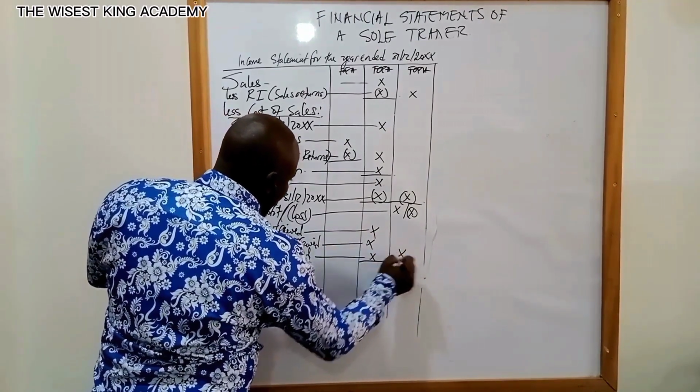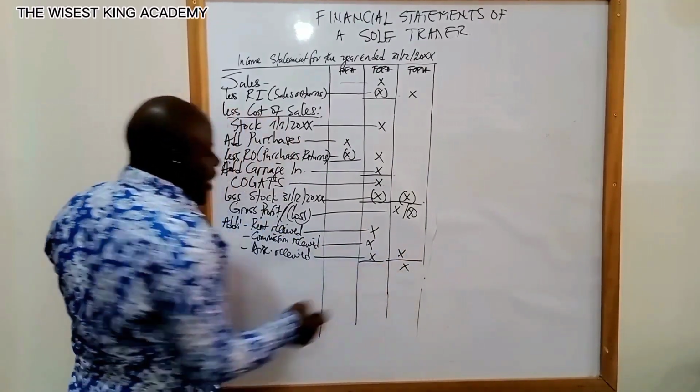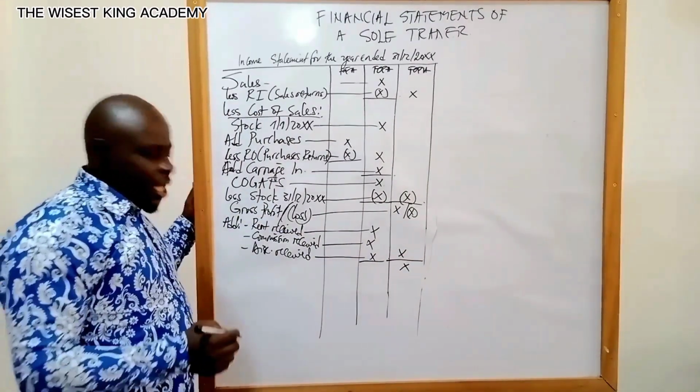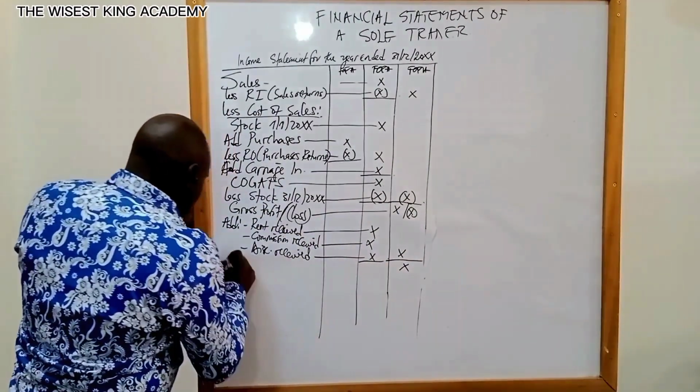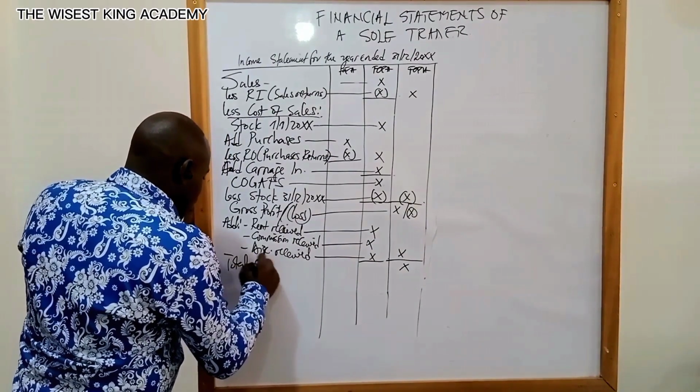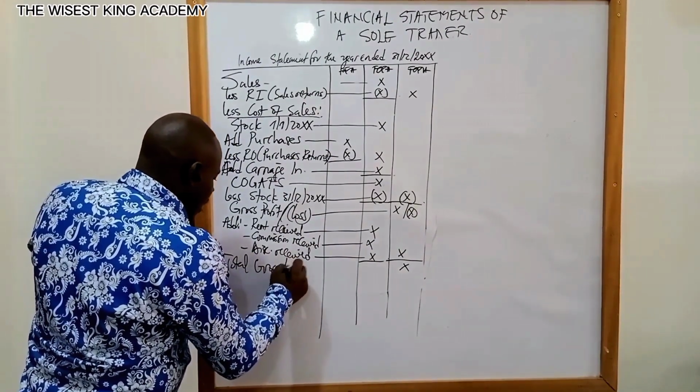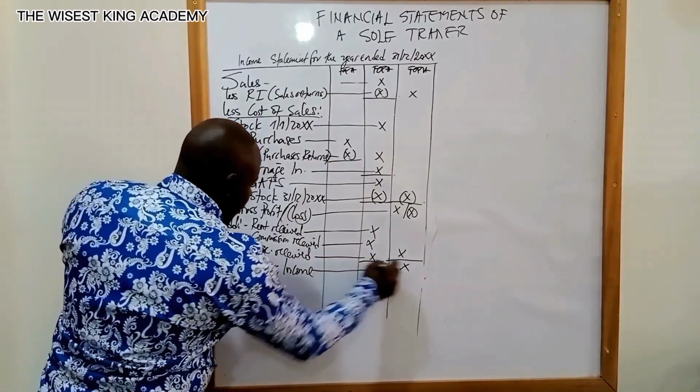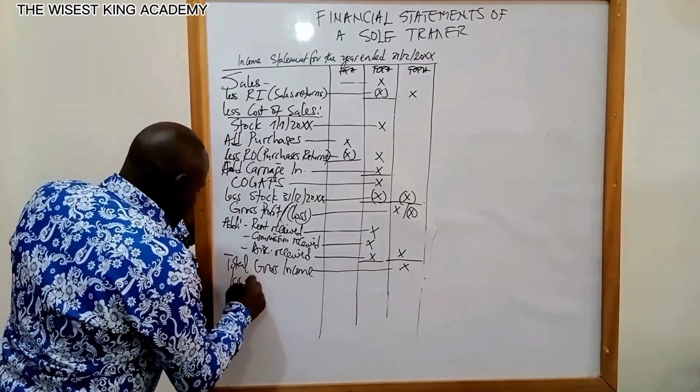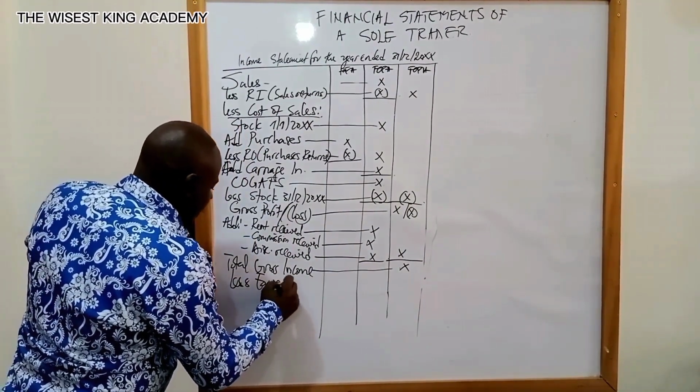Any of them will bring the total. This total is actually called total gross income. From the total gross income, now we can subtract our expenses.